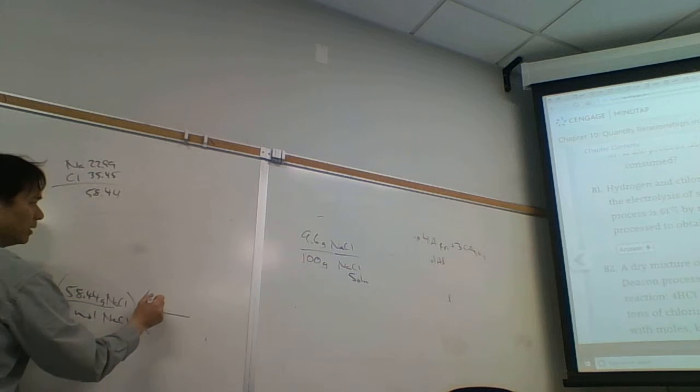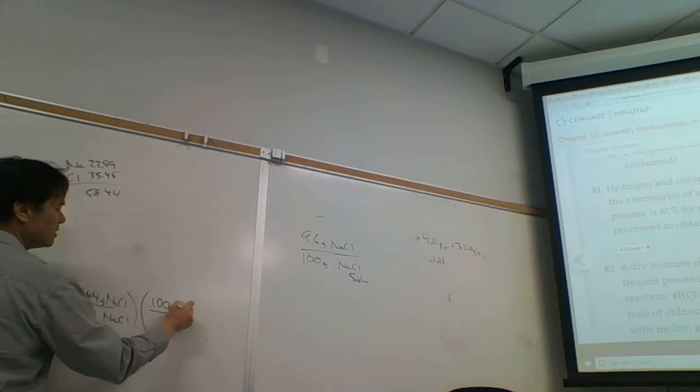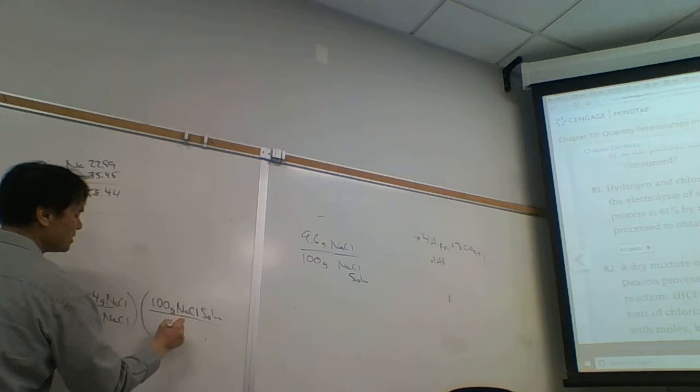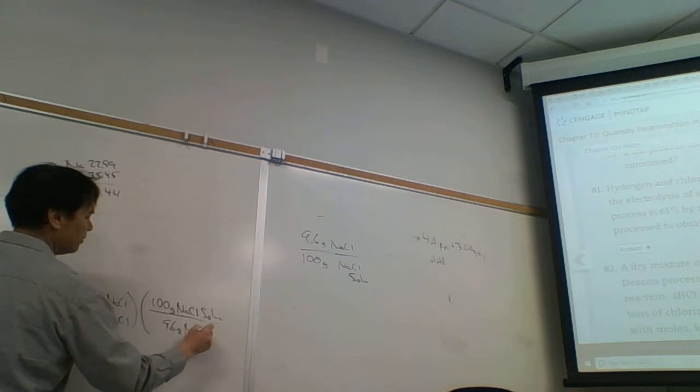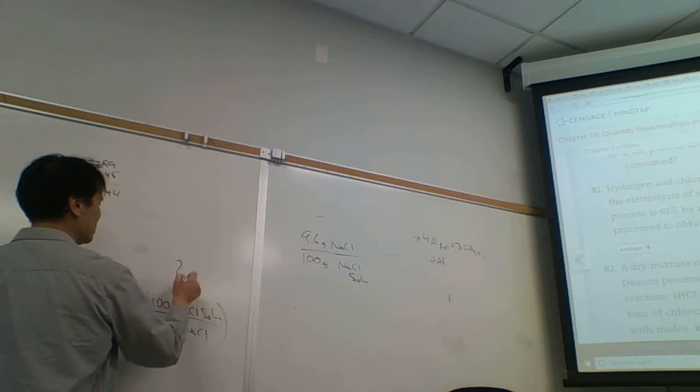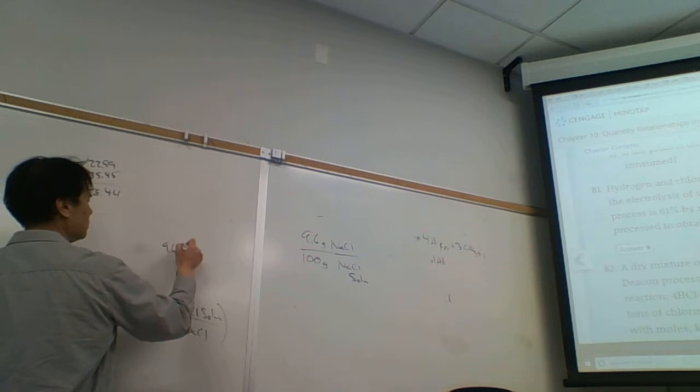For every 100 grams of NaCl solution, we only have 9.6 grams of pure NaCl contained in that solution. And so these are the 2 percentages we're going to use. This one comes from the 61% yield. This one comes from the 9.6% sodium chloride.